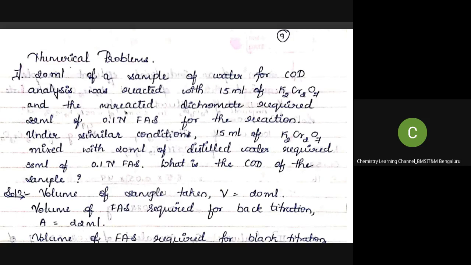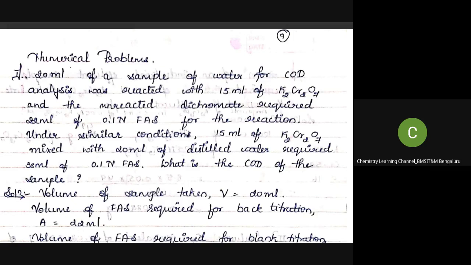What was the burette reading observed and what was the concentration of FAS taken? How the back titration was done, and how the blank titration using distilled water was done. There is so much data, but we need to pick only the data that we need: the concentration of FAS, the volume of FAS, that is the burette reading for both the blank titration and the back titration, and the volume of the sample taken.